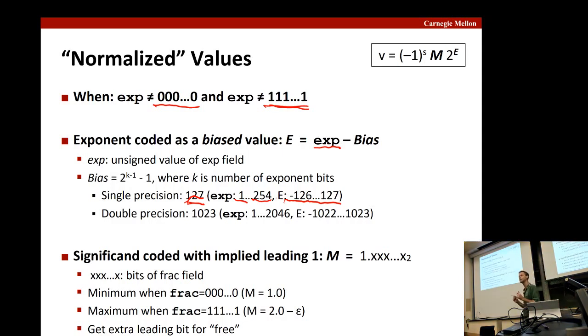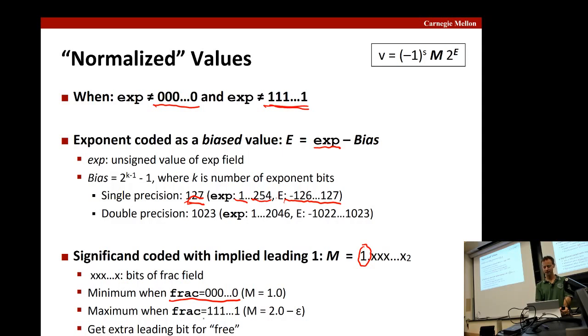All right, now let's look at the difference between the significand, this m, and the bits that actually show up in the fraction part. The first thing that happens is that there's an implied 1. Our mantissa would be 1 point blah blah blah, but because it's always 1 point something, we don't need to store the 1. So it saves us a bit. It's really all the other bits after that point, and it's minimized when this fraction is all zeros, and because of the implicit 1, that corresponds to 1.0.